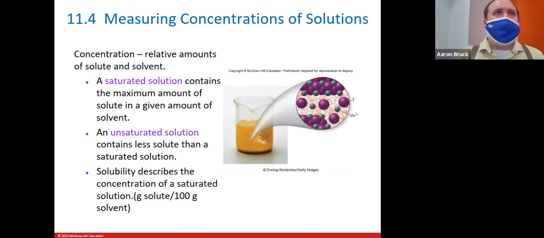As you add sugar, it remains unsaturated until you hit the point that you can no longer add sugar and have it dissolve. Once we hit that point, it is a saturated solution. We've added as much sugar as it can possibly take. All the extra sugar that we add just sits there on the bottom and collects.